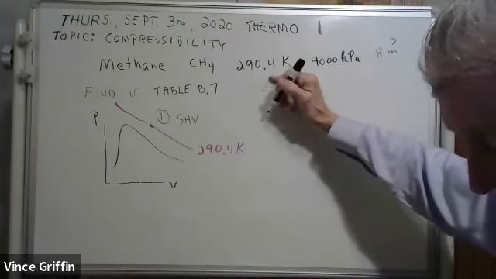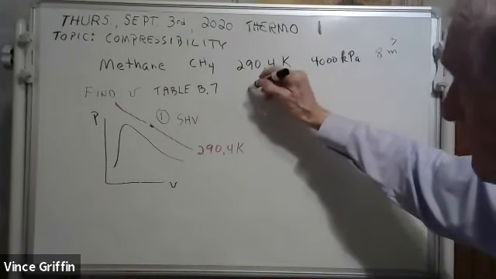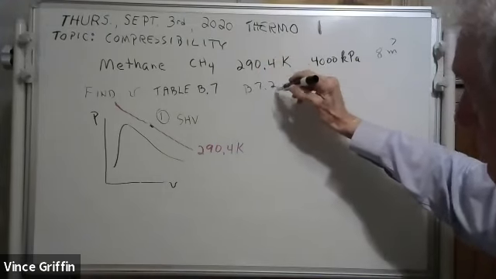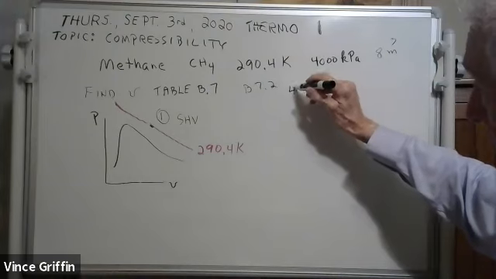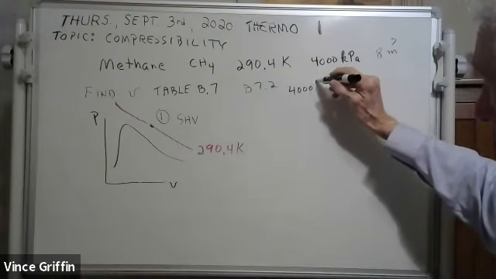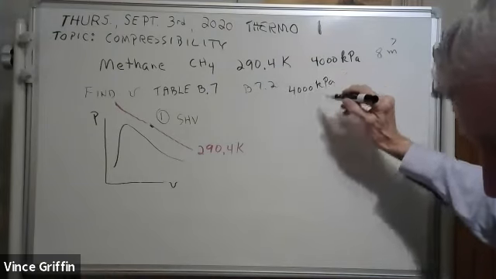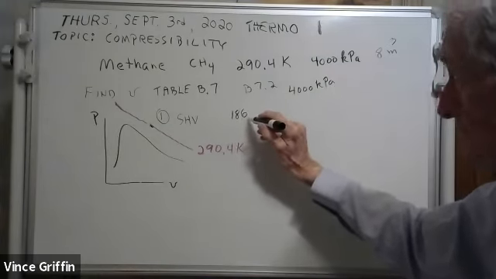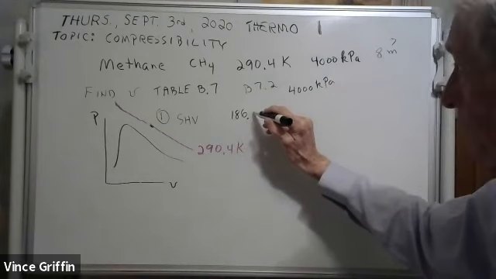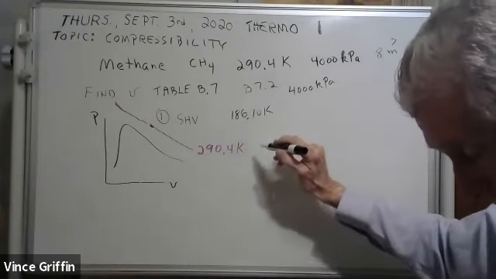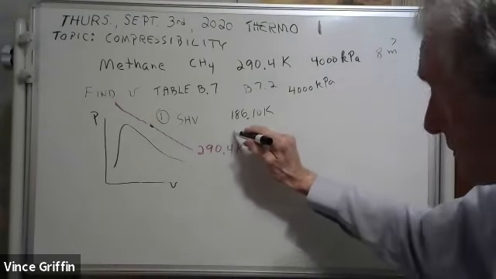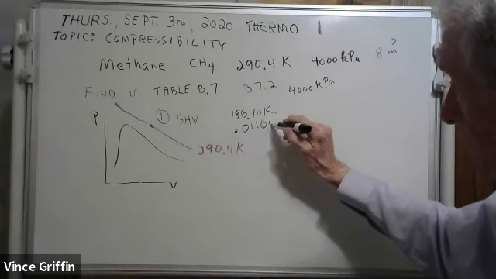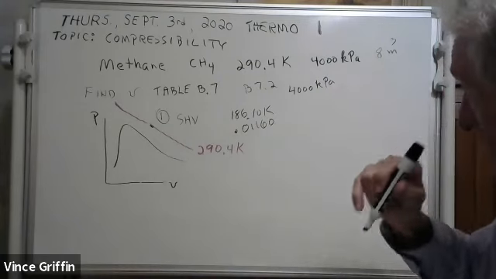I'm on table B.7.2, at 4,000 kilopascals and 186.10 K, they said the specific volume is 0.01160. See if you can find that in the back.